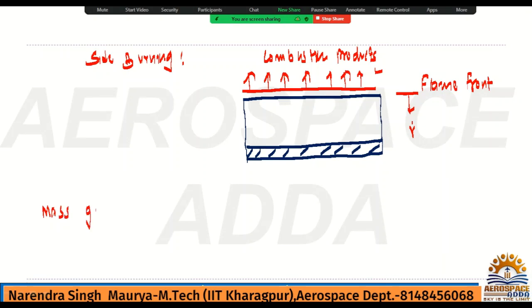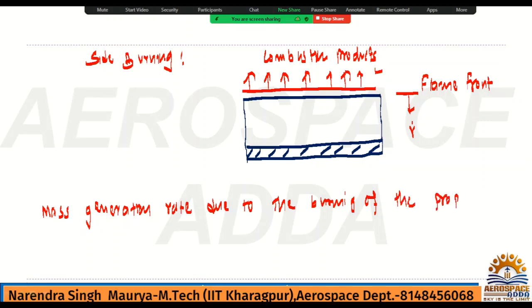Mass generation rate due to the burning of the propellant surface in the combustion chamber.